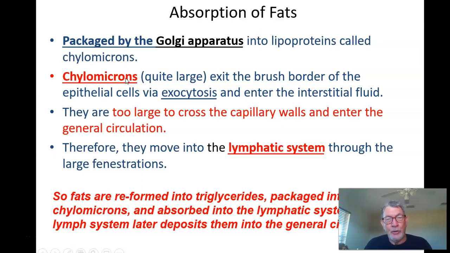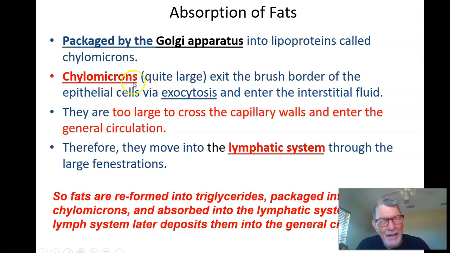You got your big blob that gets emulsified into little blobs with bile, digested, reforms into micelles, yet another blob, bangs into the brush border and crosses, gets reformed into triglycerides, and now it has to form into yet another blob, chylomicrons. And chylomicrons are so big they can't be absorbed in your capillaries, into your blood.